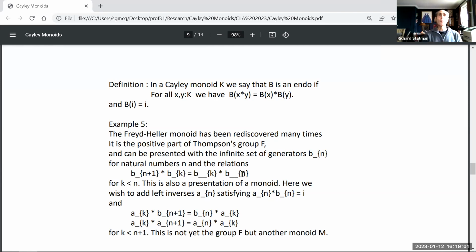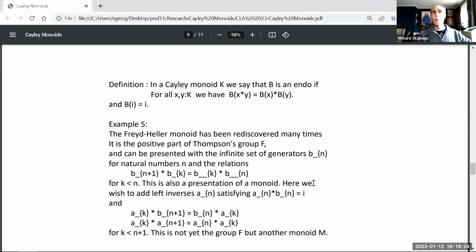If in the group, multiply on the right by B_k inverse, and it's a little easier to see: B_{n+1} is B_n conjugated by any of the previous B_k, where k is less than n. But this is also the presentation of a monoid.